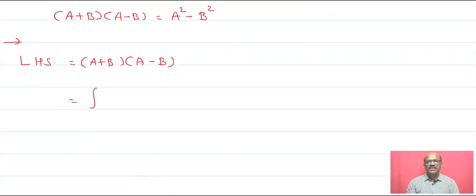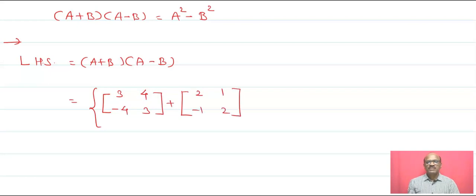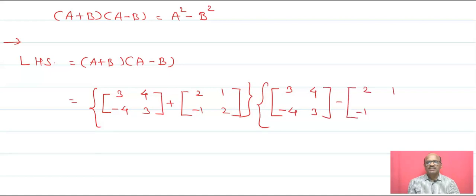First find out the value of A plus B. That is the matrix 3 4 minus 4 3 plus the B matrix, that is 2 1 minus 1 2, and next is A minus B, that is 3 4 minus 4 3 minus, in brackets, the B matrix, that is 2 1 minus 1 2.